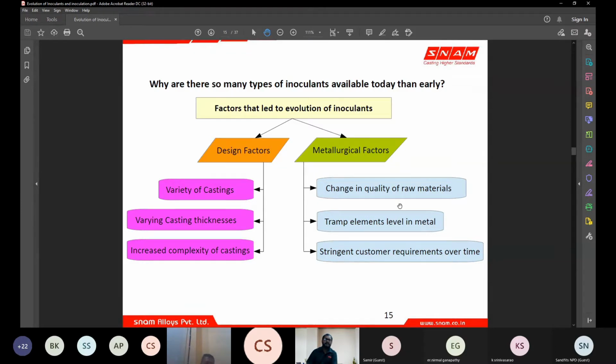Even the scrap quality has evolved over the years. Any ill effects of these evolutions in the input raw material will also have to be taken care of by inoculation, along with stringent customer requirements over time.